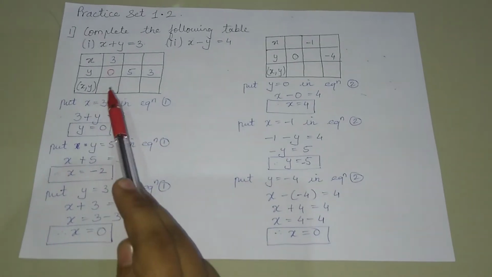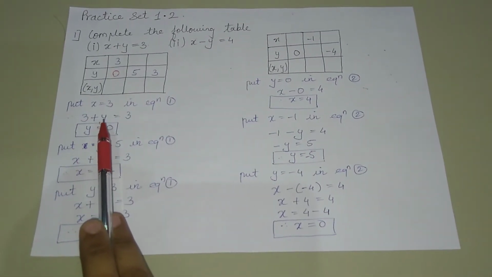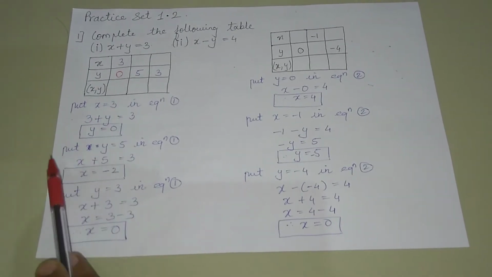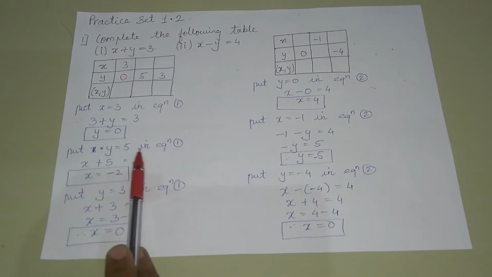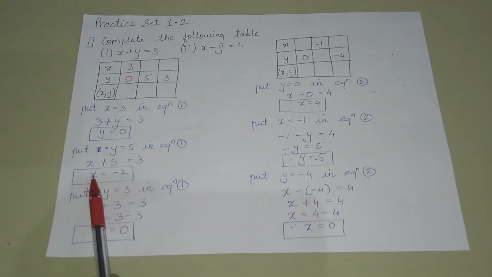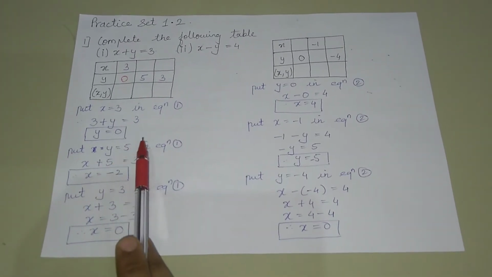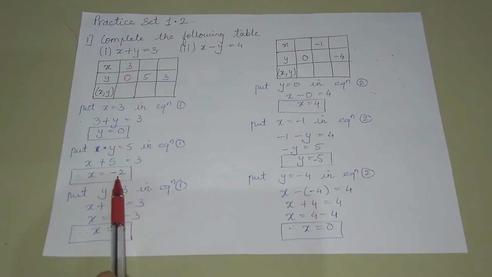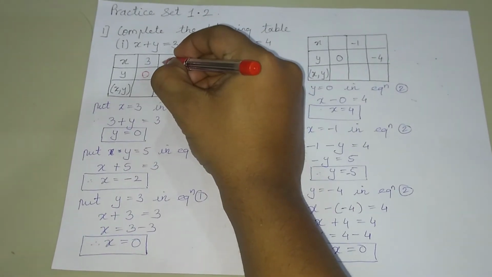Now here, when the x value is given as 3, we will substitute x equals 3 in our equation and find the value of y, which is 0. Similarly, we substitute the value of y as 5. After substituting y as 5 in the equation, x plus 5 is equal to 3, so x is equal to minus 2. So we write here x is equal to minus 2.